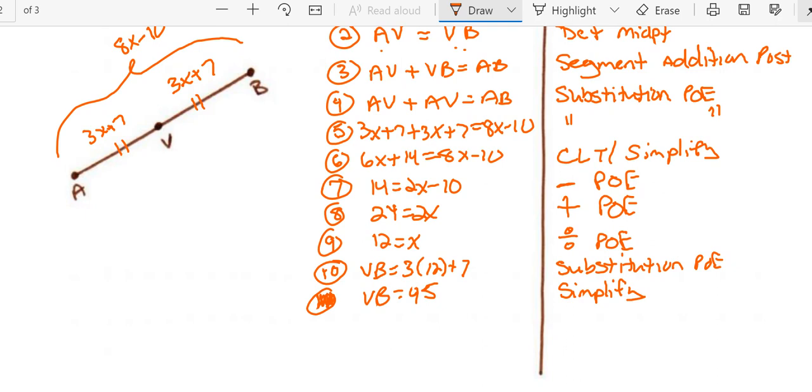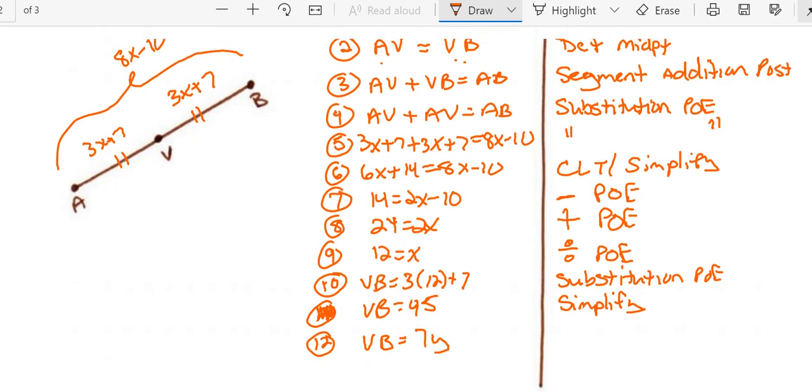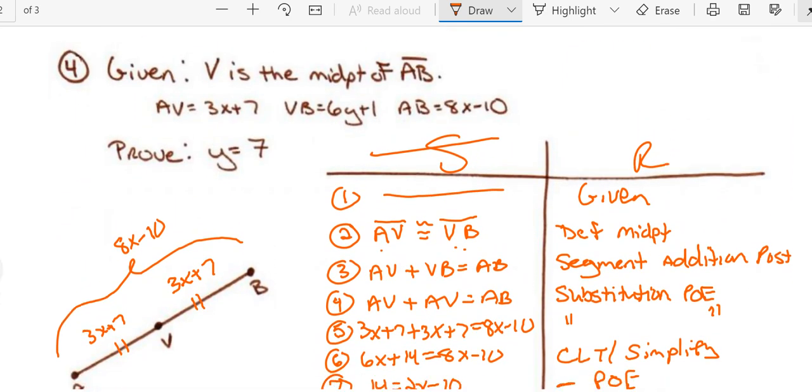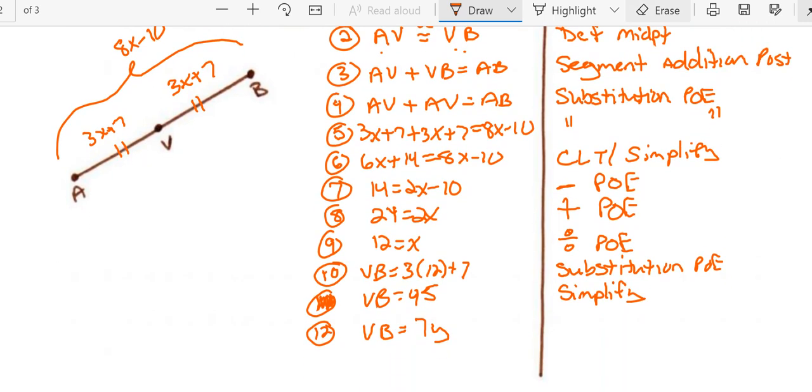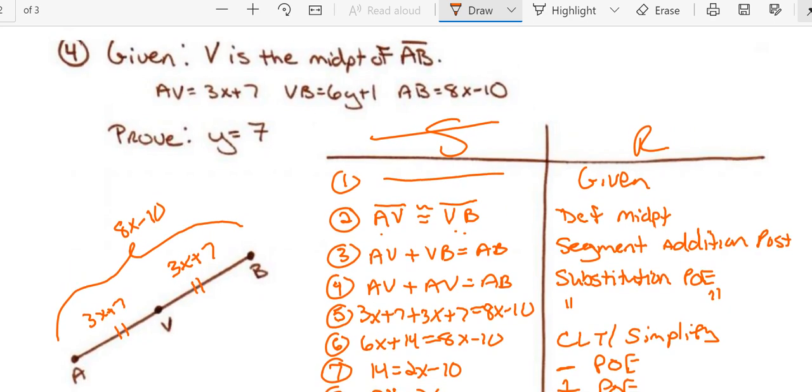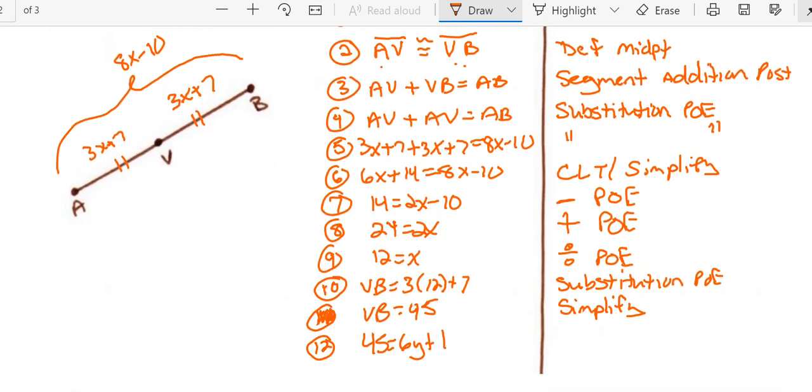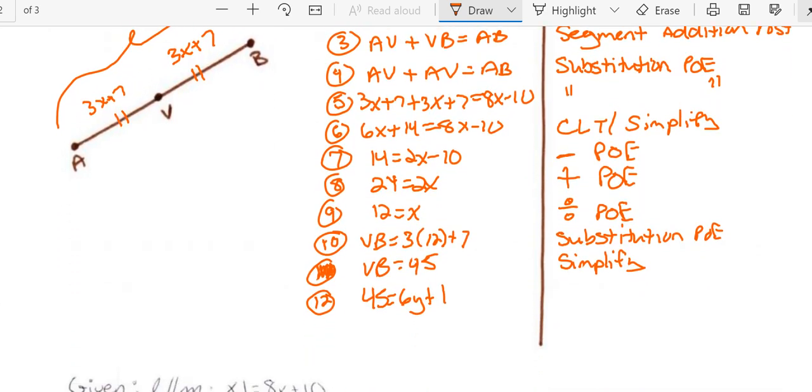So we know that VB is also equal to 6y plus 1. So it's going to be 45 equals... this isn't 45, it's 43.